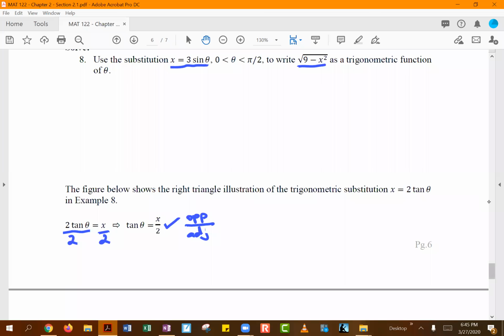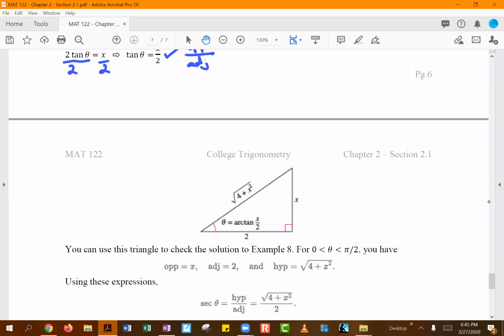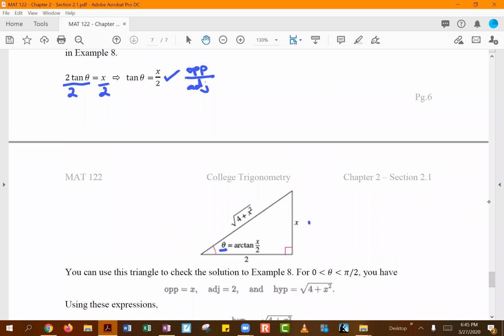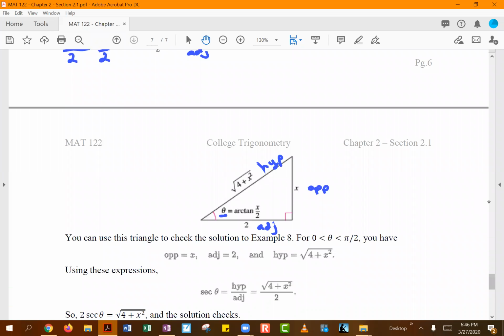So if you use that in a right triangle, and here of course you can see is your angle theta right here, the opposite side is x, the adjacent side is 2, and then this of course will become your hypotenuse. So use your Pythagorean theorem formula to find your hypotenuse.